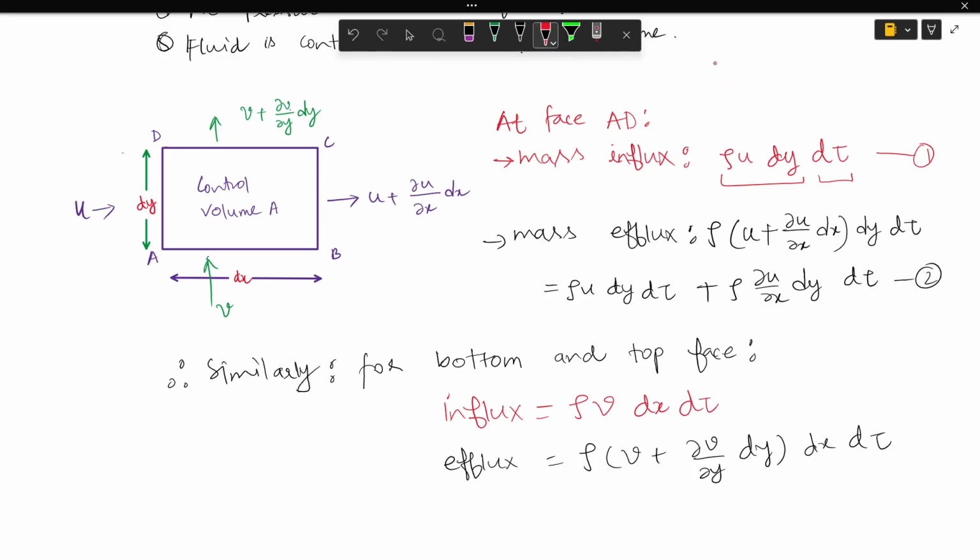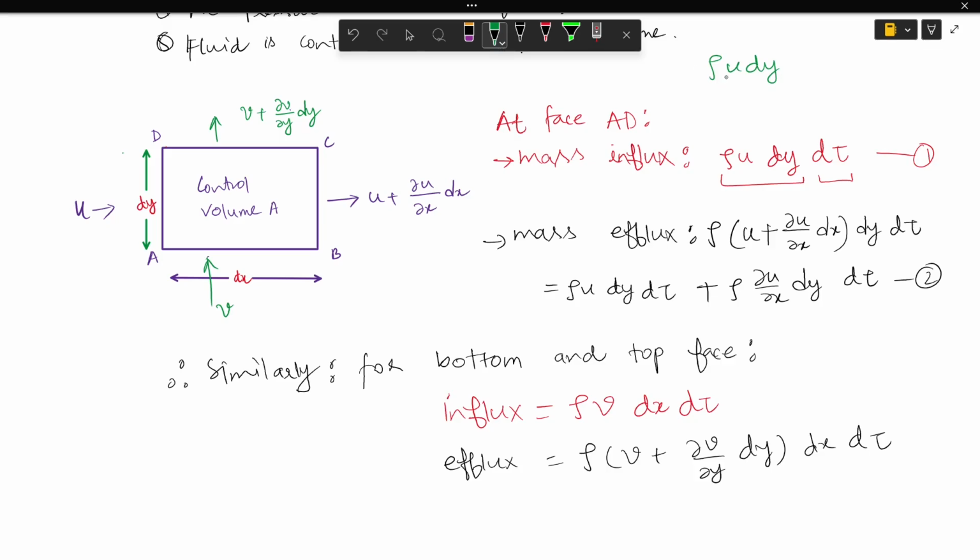What is mass influx, or the mass flow rate? That is basically some mass over time. So it will have the unit kg per second, right? Here, can you see rho u dy? I'm writing it down a little more precisely so that you can understand it better.